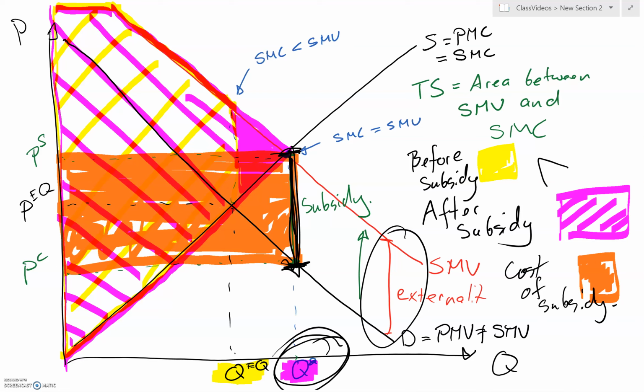And so, you know, the importance of subsidizing positive externalities isn't for the government to try and improve surplus by more than the amount they spend. The goal is to achieve this optimal quantity.